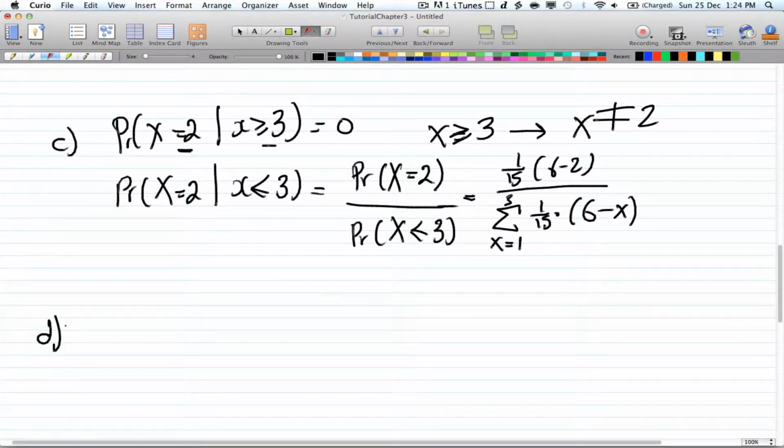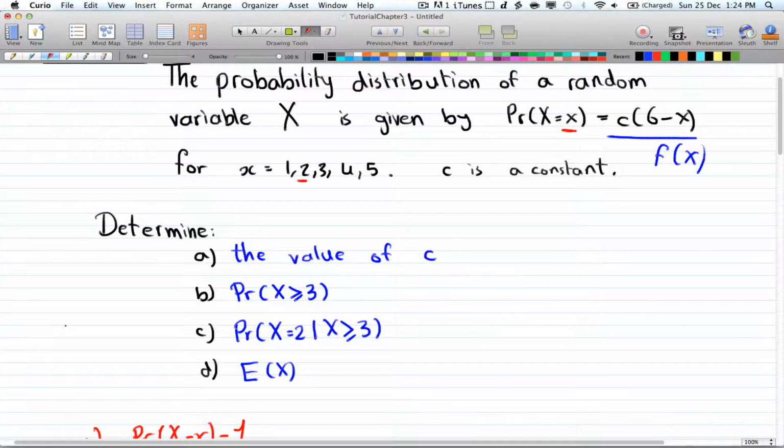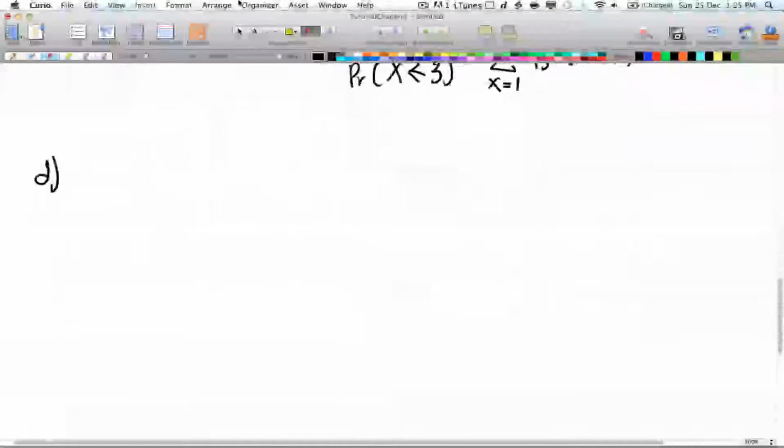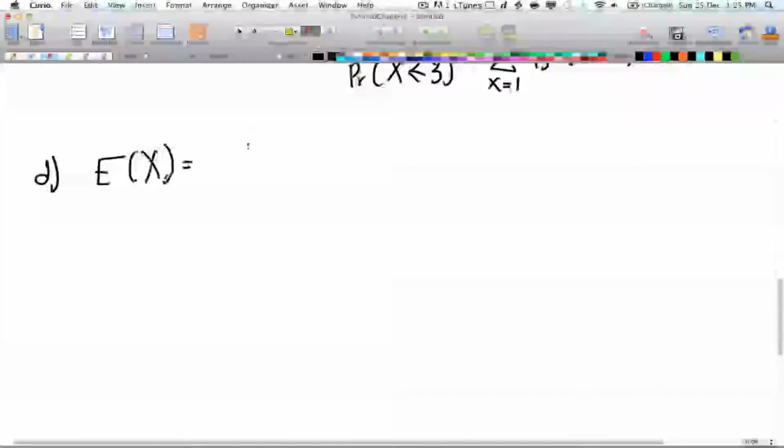Alright, I'm starting to run out of time, so I'll just go through the last question. So you have the expected value of x. So remember the expected value, E of x, is equal to the sum from x equals 0 to infinity of x times f of x.